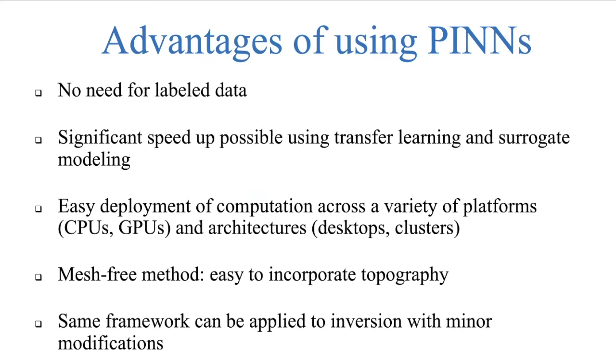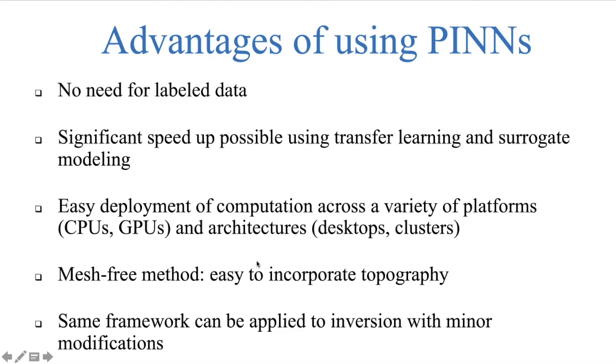Compared to conventional methods, where there is no transfer of information from solving for one source in a particular velocity model to a different source in a different model, here we can use transfer learning to carry on that information that we have gained during the training, and for different sources or different velocity models, we can speed up these convergence properties.